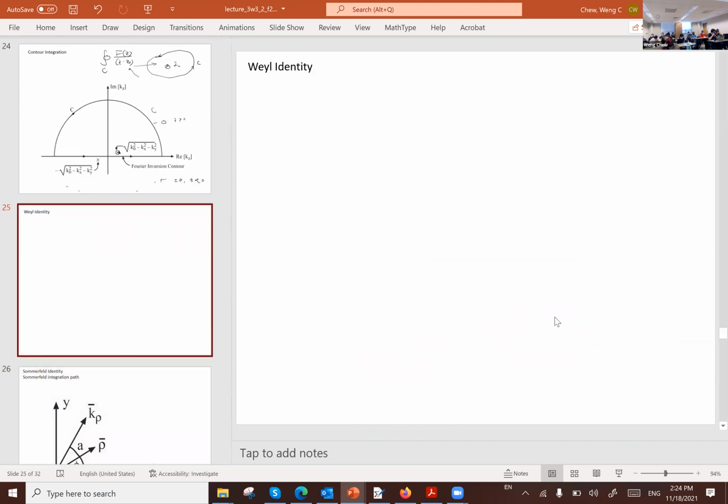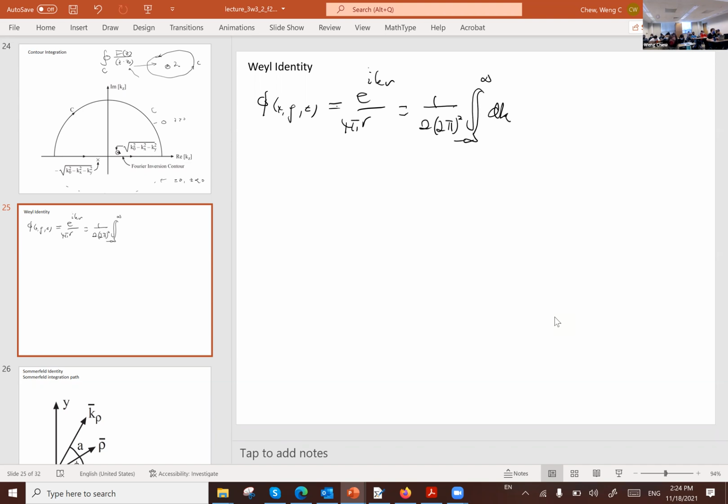And you arrive at this very important identity, which is called the Weyl identity, that the spherical wave can be written as e to the i k r over 4 pi r, is equal to 1 over 2 pi squared, integral dkx dky, e to the i kx x plus i ky y over kz prime, e to the i kz prime z.